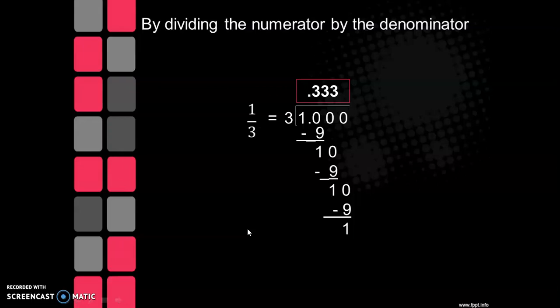So we can stop at three digits, and our final answer is 0.333, or 333 thousandths. You can read it based on the chart I showed you a while ago, which is in your module. Okay, I hope you understood. So, let's proceed to the next one.